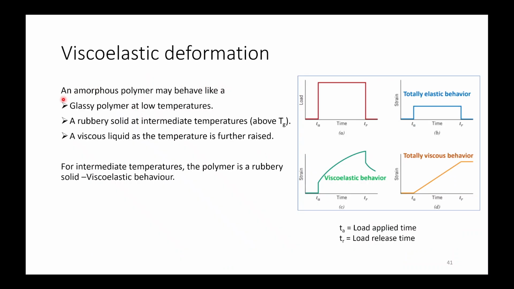Viscoelastic deformation: an amorphous polymer may behave like a glass at low temperature, as a rubbery solid at intermediate temperature, or as a viscous liquid at very high temperatures. So for intermediate temperatures the polymer is a rubbery solid with viscoelastic behavior.